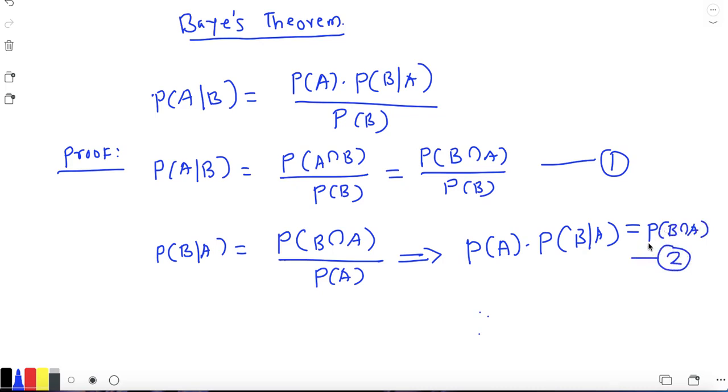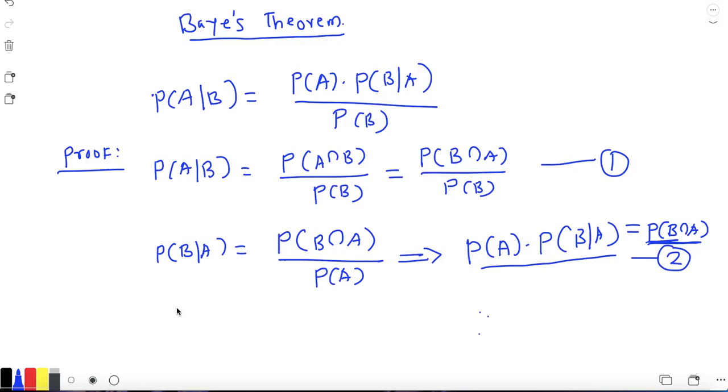Now if I substitute this value, that is this value, for this in equation 1, right? So you see equation 1, the numerator is same as this, right? So if I substitute equation 2 in equation 1, what will I get?